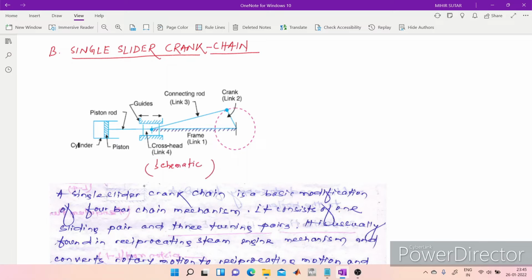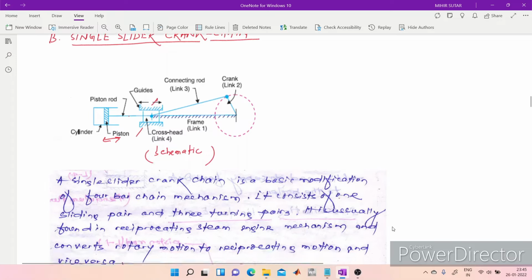Essentially it consists of a frame, that is link 1, which is fixed here, and we have this crank, link 2, connecting rod is link 3, crosshead, the translatory part, is link 4, which is connected to the piston rod, and finally the piston, and the piston is reciprocating inside the cylinder, and the crosshead moves within these guides.